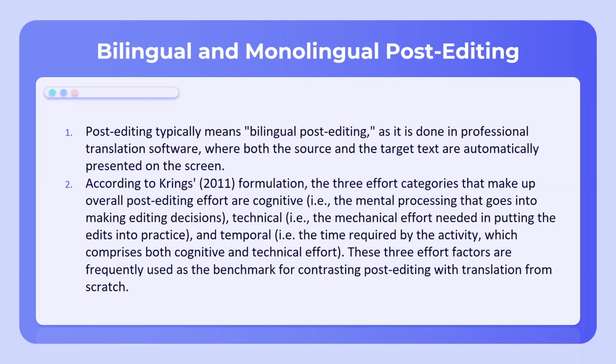So the three effort categories that make up post-editing effort would be cognitive, which is the mental processing that goes into making editing decisions; technical, which means the mechanical effort needed in putting the edits into practice; and temporal, which means the time required by the activity, which comprises both cognitive and technical effort. These three effort factors are frequently used as a benchmark for contrasting post-editing with translation from scratch.